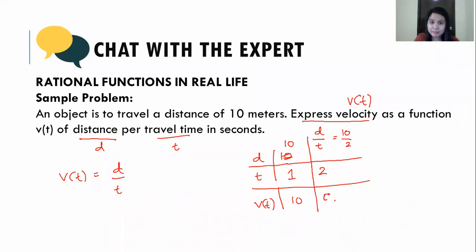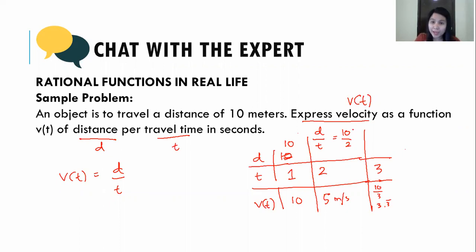That's 5 meters per second. Next, if we travel for 3 seconds, our velocity will be 10 over 3. That's 3.3 something meters per second.